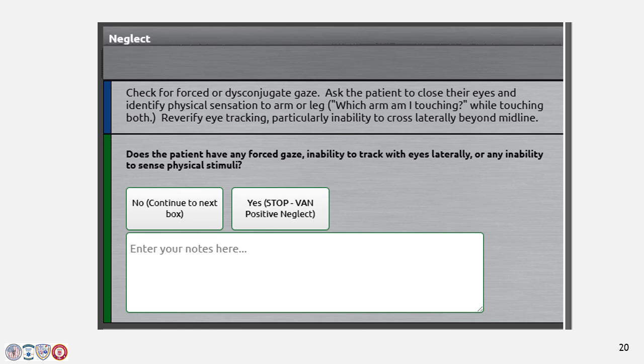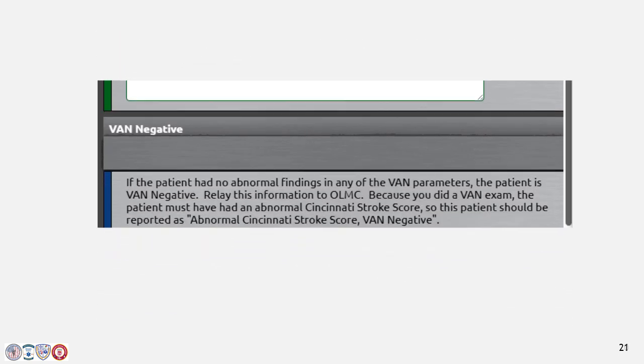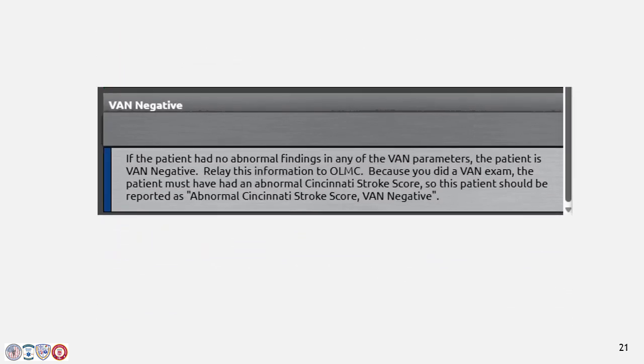If not, continue to the next box, and the next box simply says patient had no abnormal findings in the VAN parameters. This patient is VAN negative. You would report this as an abnormal Cincinnati because that's what got you to the VAN exam, but the patient is VAN negative. So that is all I have for today.